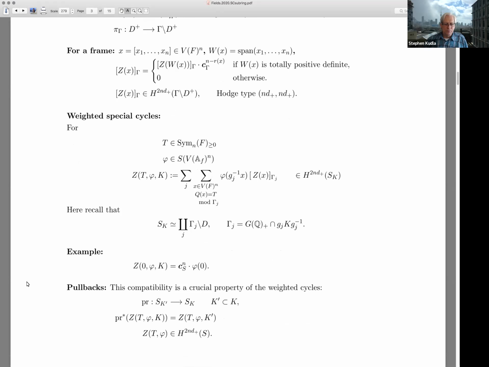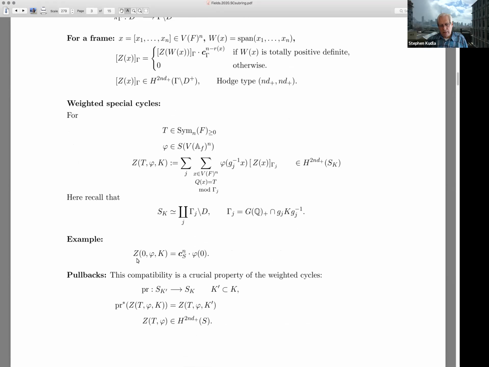So for example, if you looked at x is 0, you would just get this nth power of the tautological class times the weight function evaluated at 0. Okay, for example. Now, why would you want to do this? The important point, and this comes from my old Duke paper from the last century, is that when you look at a covering map like this, K' containing K, and you have a pullback map, it turns out that if you pull back the cycle, which is defined here, Z(T, φ, K), it pulls back to Z(T, φ, K').